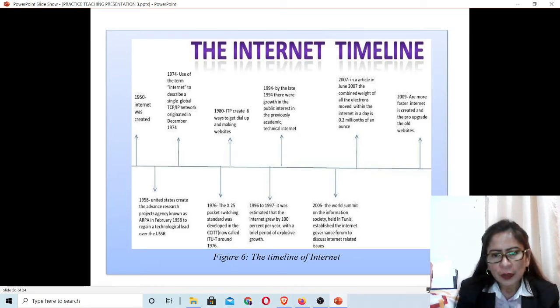In 2005, the World Summit on the Information Society held in Tunis established the Internet Governance Forum to discuss Internet-related issues.